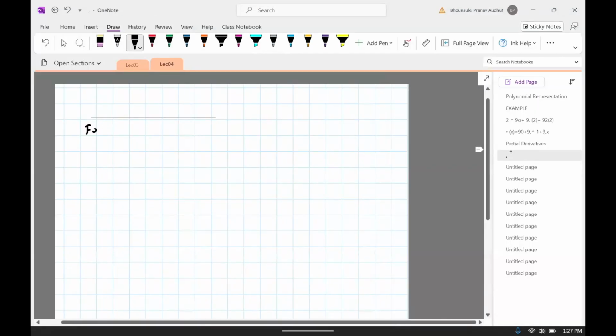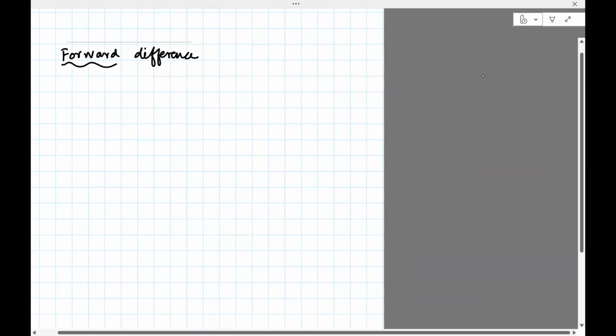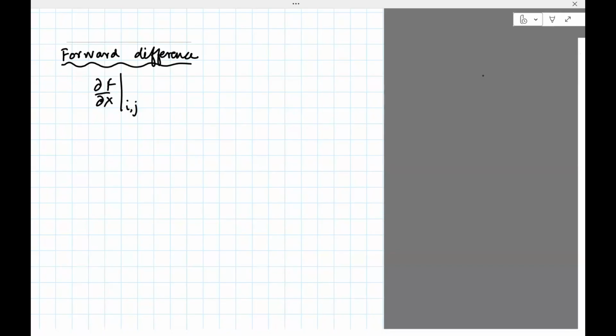So forward difference. Okay, so here we're interested in computing df dx, and let's say it's at i comma j, that is xi and yj. So the rule is you hold y as a constant and then take the derivative of f. This is very similar to what we have done in the past for the forward difference.